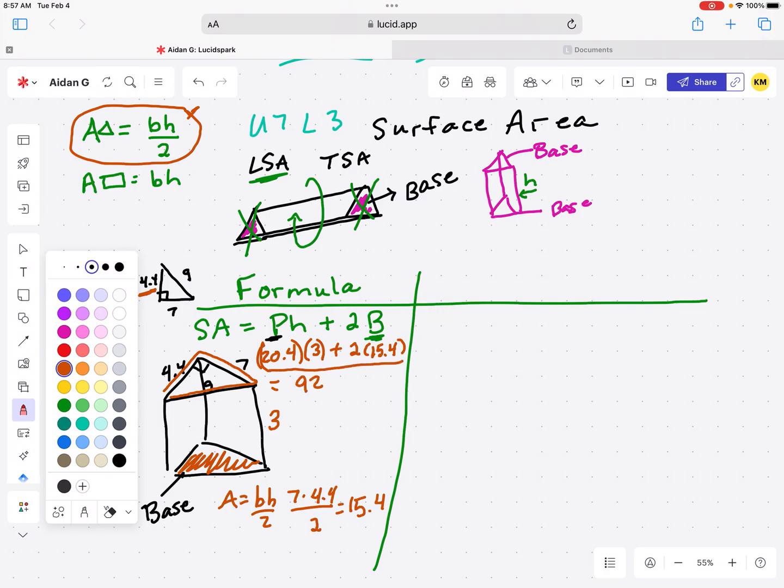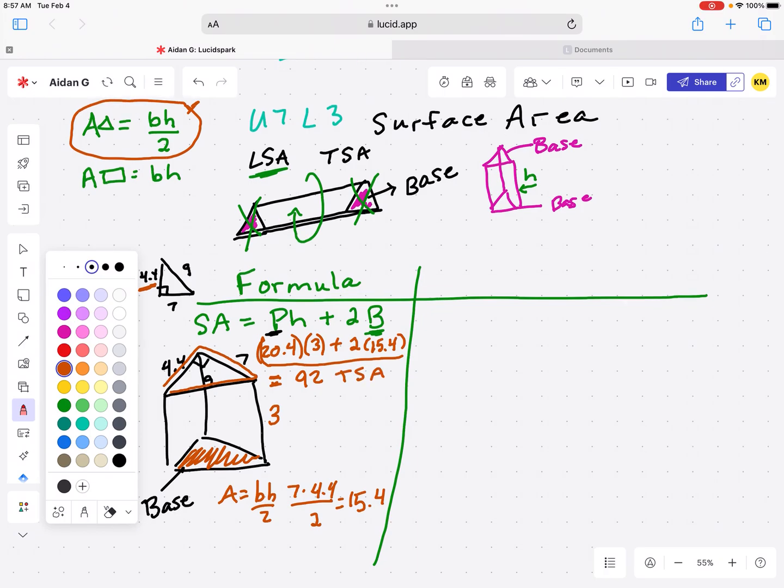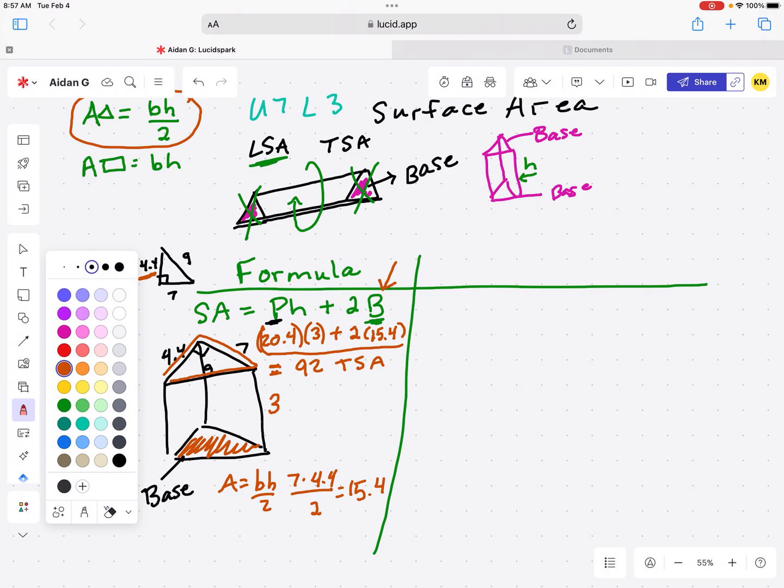In my TI-84, or on my phone or computer, it gives you the total surface area. We know it's total surface area because it included the bases. If it had asked for lateral surface area, we would just do this part right here because it didn't have the bases with it. Does that make sense? This is important.